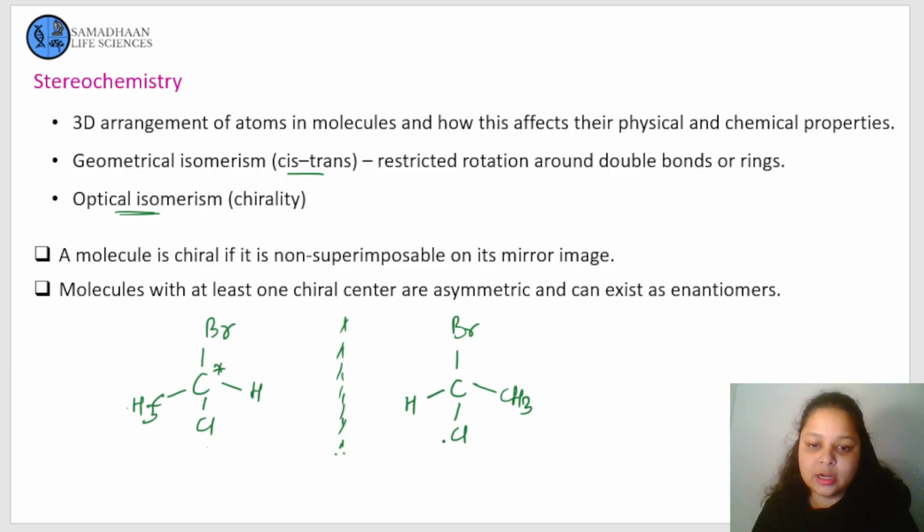So these two mirror images are non-superimposable. This molecule has a chiral carbon atom and has a mirror image which is non-superimposable. So these two are enantiomers. This is optical isomerism, specifically named enantiomers.